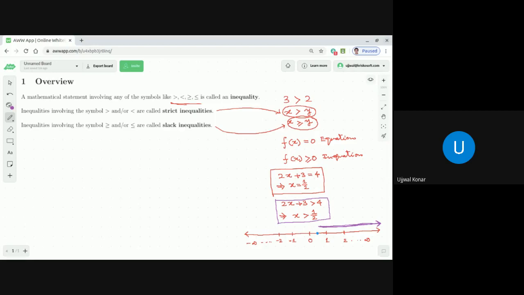Okay. Now, the first and foremost thing, as I was telling, is to understand the properties. The very important properties that we are going to discuss now.